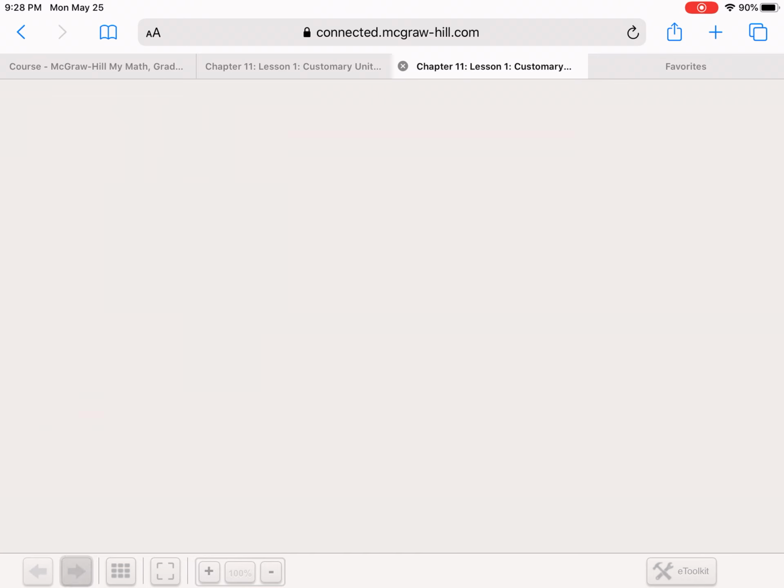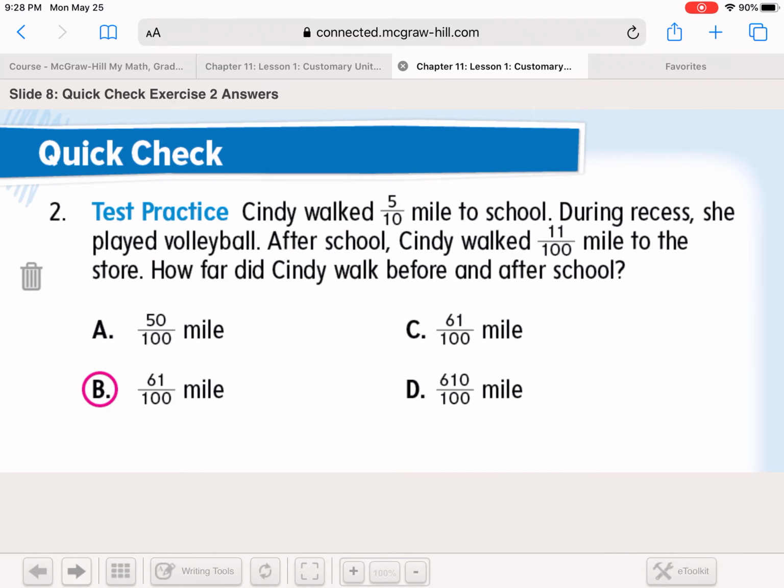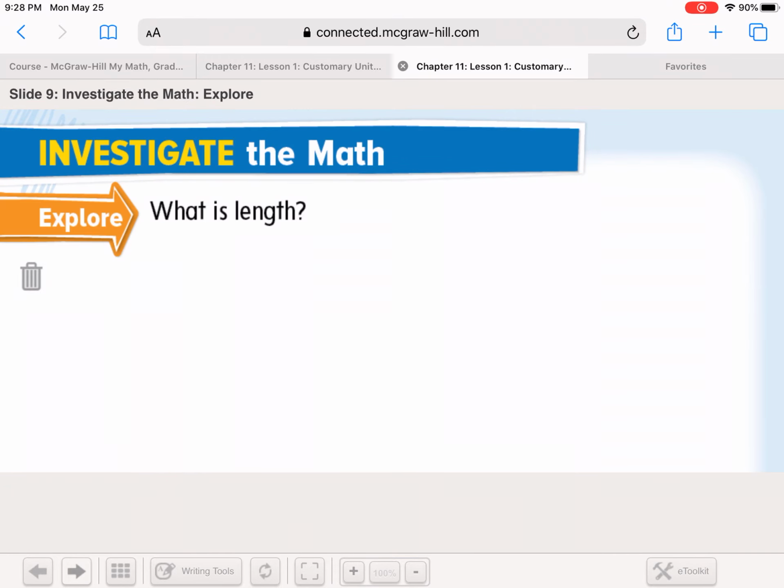Answers will vary. We're going to quick check right on through here. What is length? I will tell you, we're doing a lot of projects at home, doing a lot of stuff out in the garden. And I'm doing a lot with length. So length is how long something is, okay?